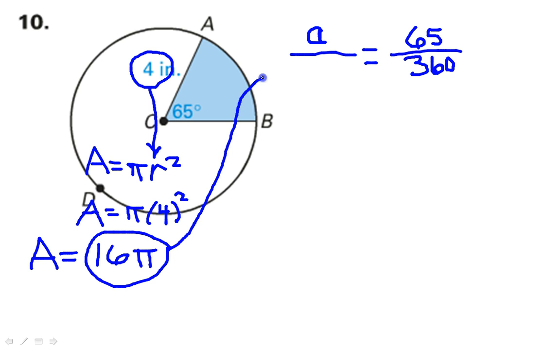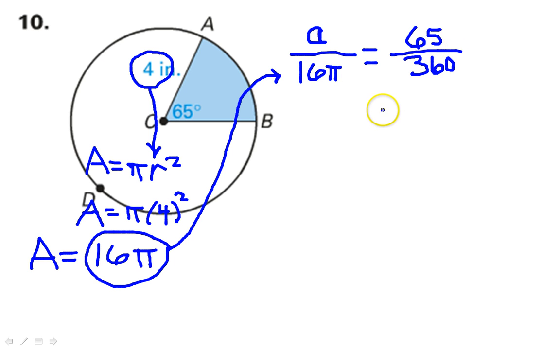So when I say part over whole, of course, I'm going to put the 16 pi here in the bottom, because that's the whole. Now, if I were you, I would always reduce this fraction immediately, before you cross multiply.